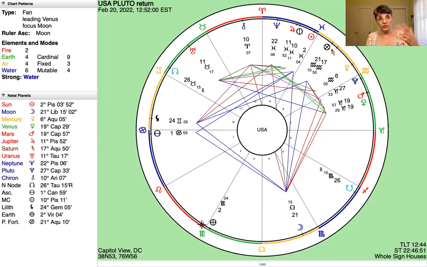I am showing you this as an introduction. Also, there is the configuration of this chart as a fan, with the handle being the focus, or the handle would be the moon, with all these planets here as the fan, right? Now, we also have all these planets, except for the moon, on one side of the nodal axis.